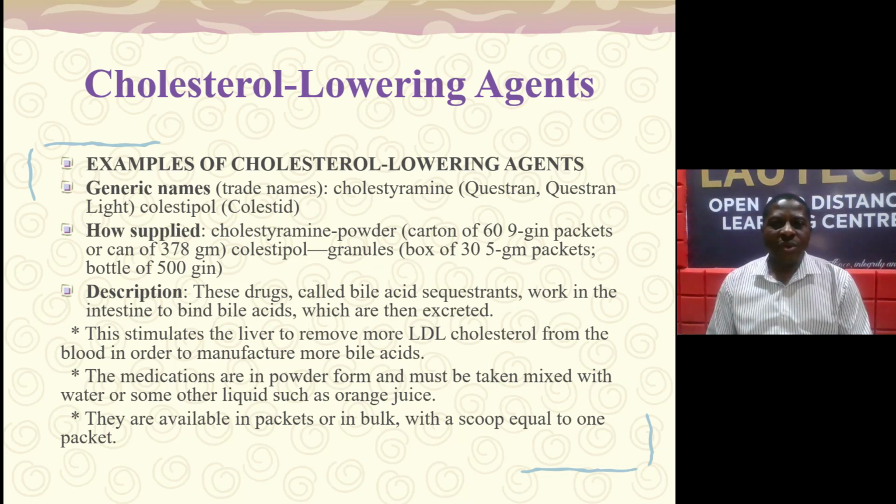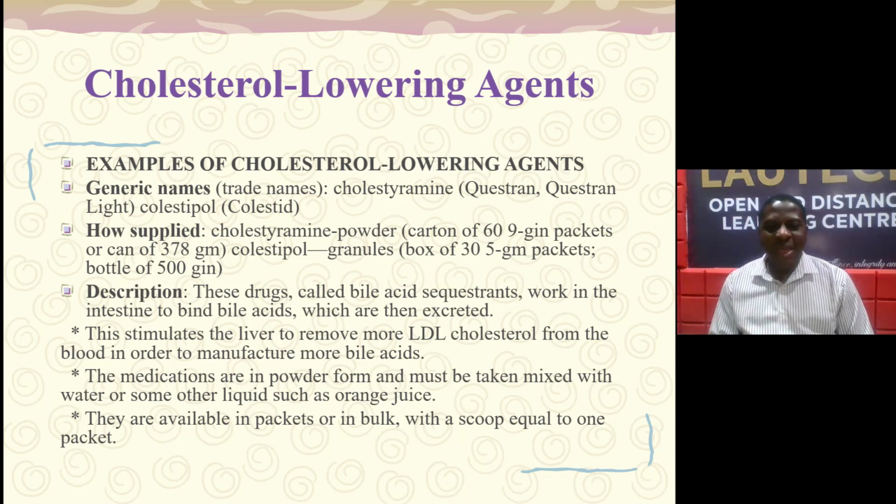These drugs are called bile acid sequestrants. They work in the intestine to bind bile acid, which is then excreted. This stimulates the liver to remove more low density lipoprotein cholesterol from the blood in order to manufacture more bile acid.